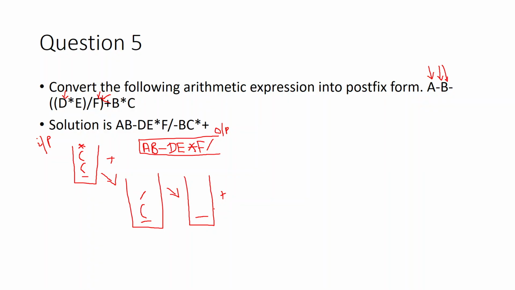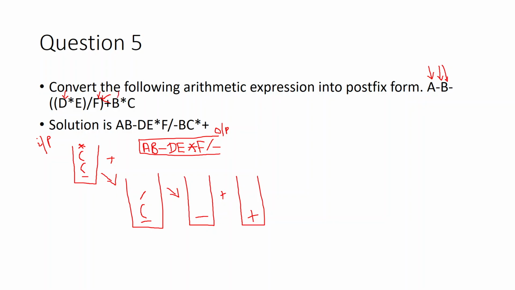So plus and minus have left to right associativity. So first we need to perform the left operator, that is, the first one. So we can pop the subtraction symbol from the stack and push plus into the stack.